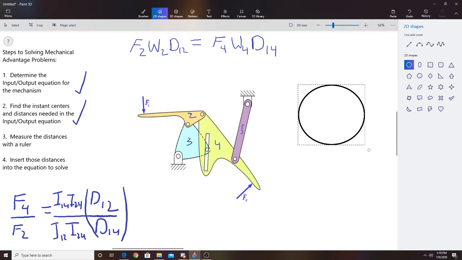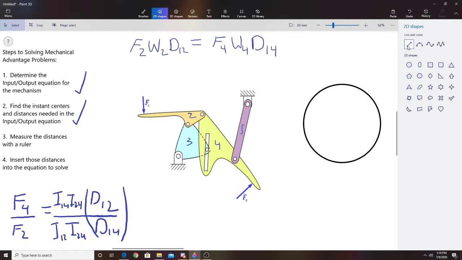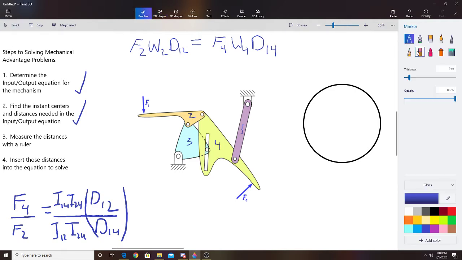So I will drop a circle over here. And how many links? We have 1, 2, 3, 4, and 5. So 5 links for this mechanism. So that being said, we will work with that.